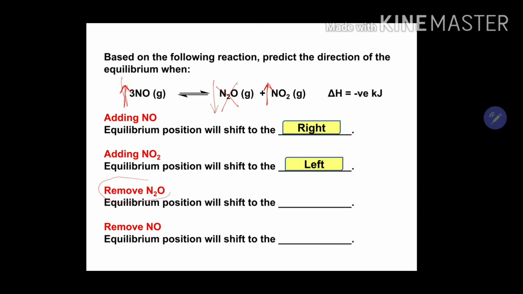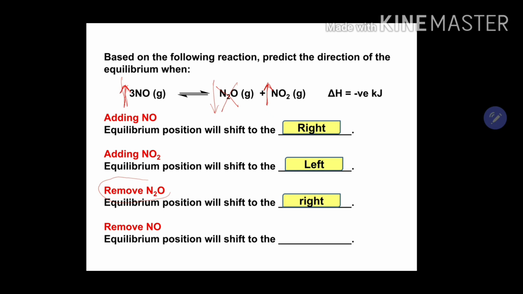So the decrease of N2O is the disturbance in the system. So the system will react to increase back the concentration of N2O. So how to increase back the concentration of N2O? The equilibrium position will shift to the right.